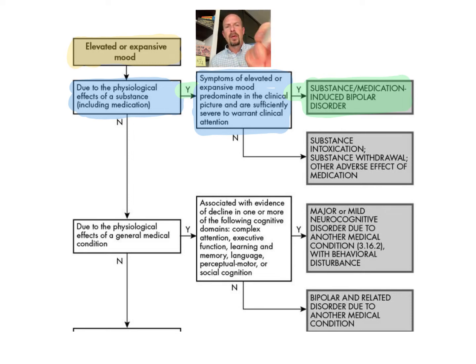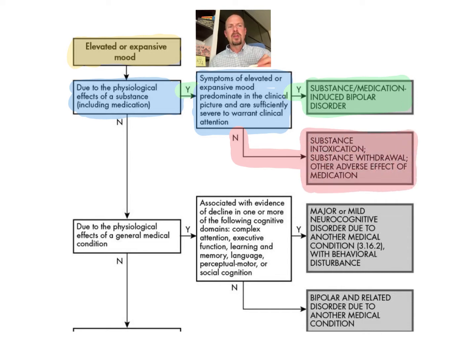Let's say, though, for the sake of this map, that it was due to a substance. However, the expansive, elevated mood was not the predominant issue and didn't warrant clinical attention. If we answer no to that statement, we go down here and it's much more of a generic substance intoxication.